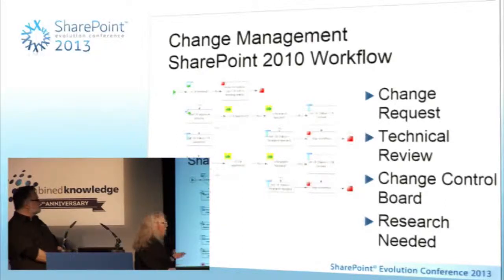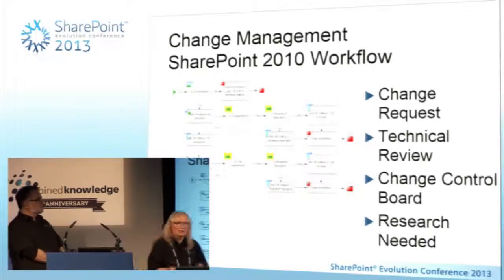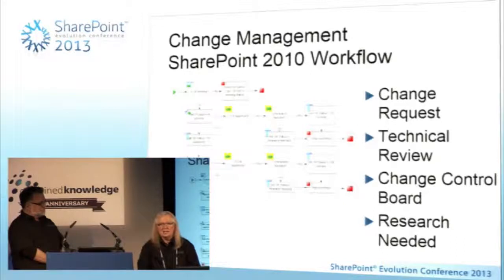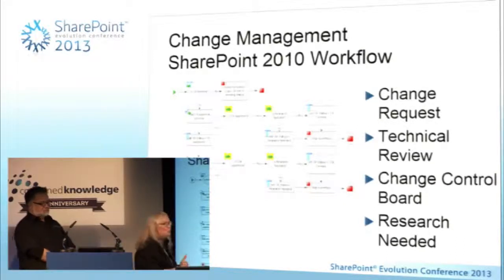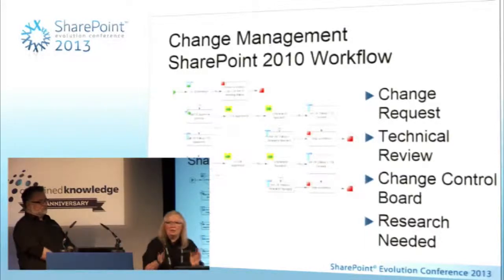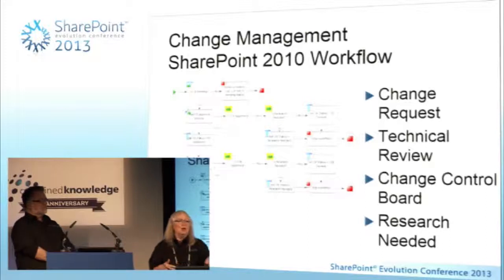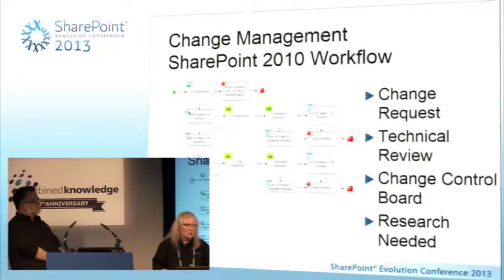So I've got a document library. It could be a form library if your change request was an InfoPath form, or it could be an ordinary list, if you're gathering your requirements as columns in a list. So I'm going to associate this workflow with a document library, and I'm going to have additional columns in my document library that enable me to work out the status that the change request is in.